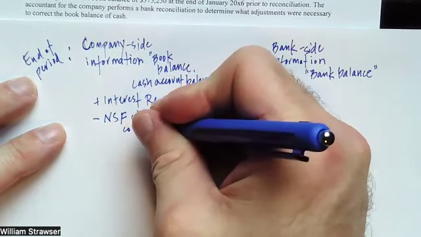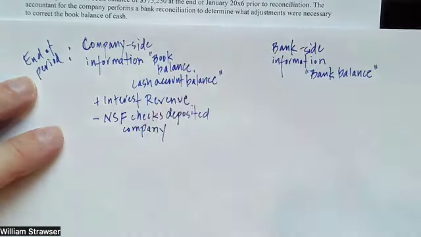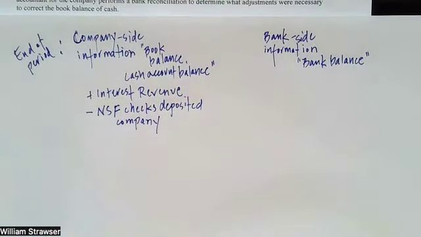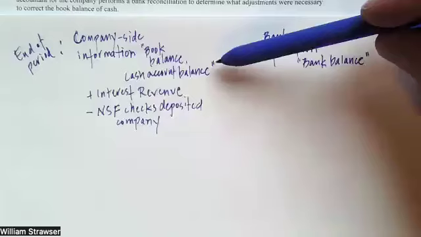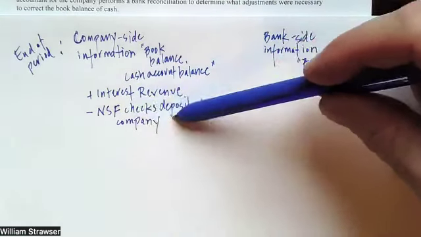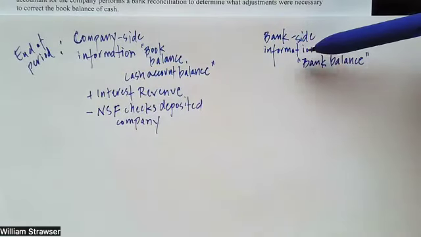And so that means an insufficient funds check that was written to our company, but the person who wrote it doesn't have the funds in their bank account to cover it. That's a type of information that the company does not know about until we deposit the check that we think is good into our bank.